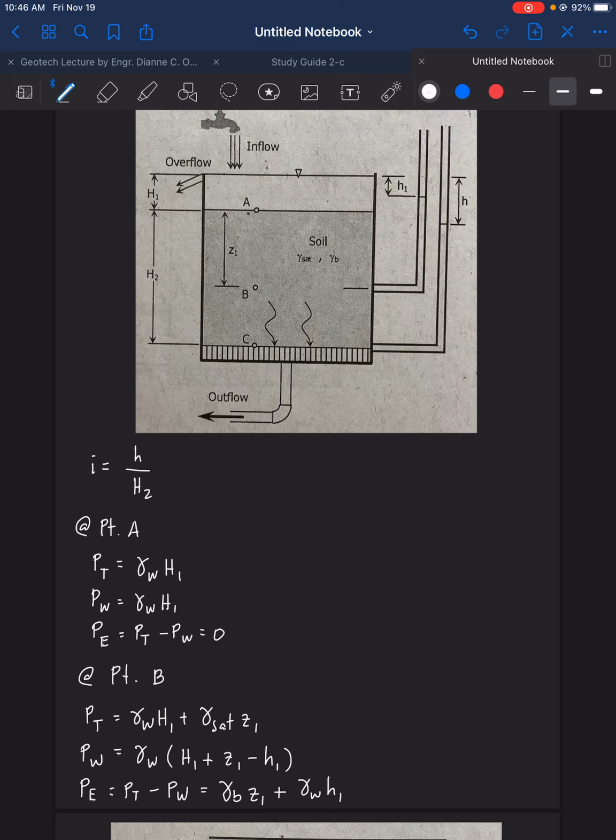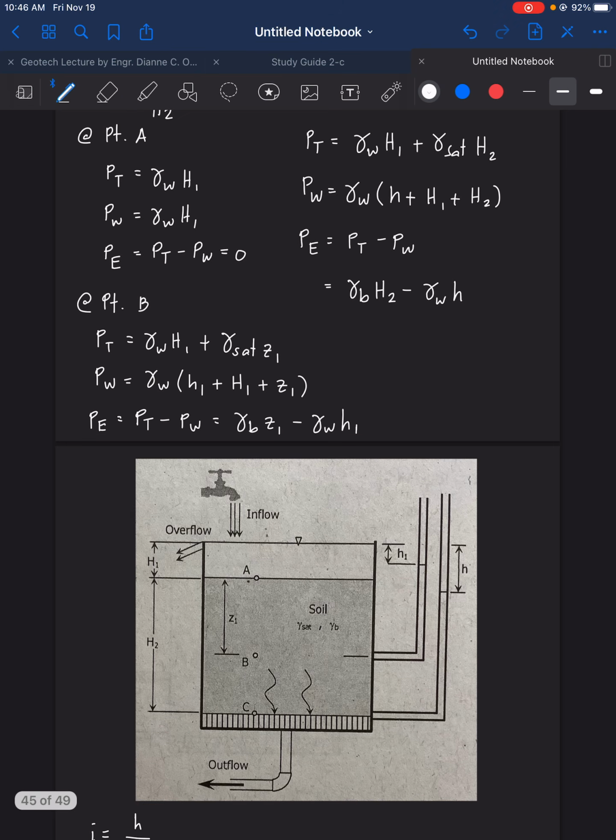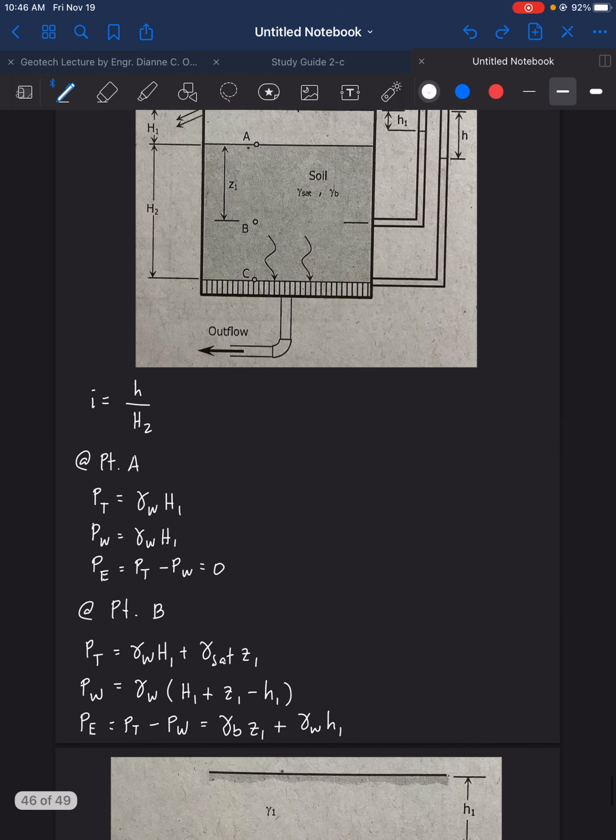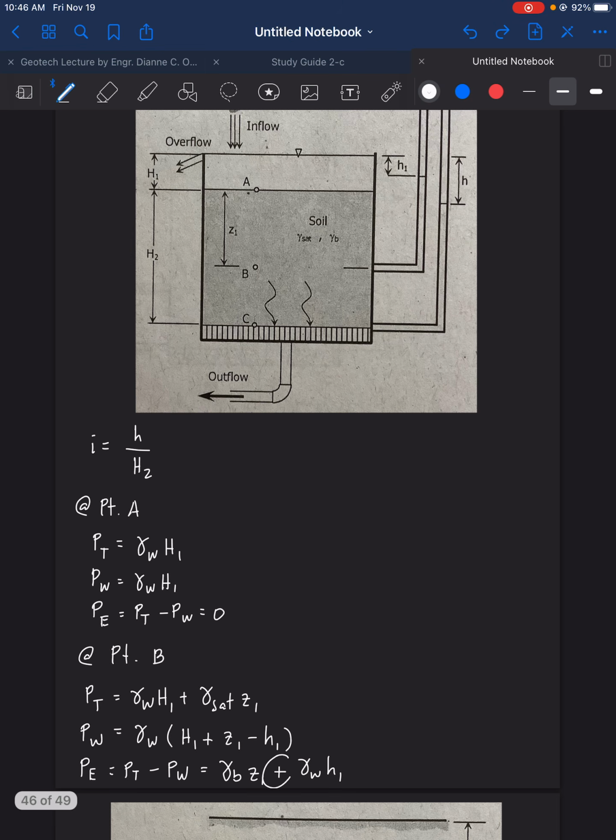Okay? So previously on the upward seepage, we had minus. But in the downward seepage, we have the plus. So see the difference.